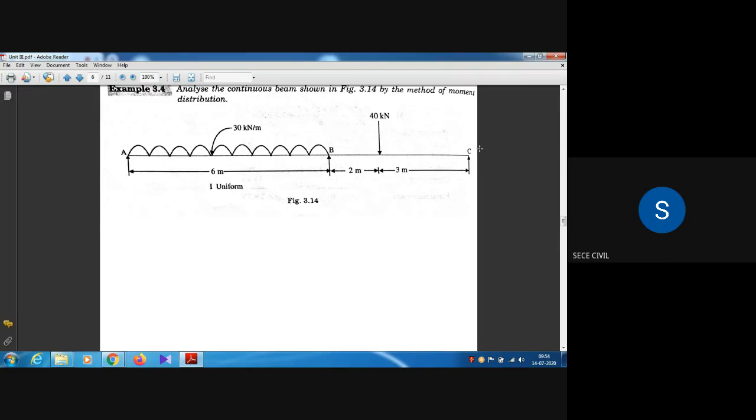That is left to right, anti-clockwise moment. What about the clockwise moment, MFCB? W B A square by L square, sir. Yeah, correct: W A square B by L square.